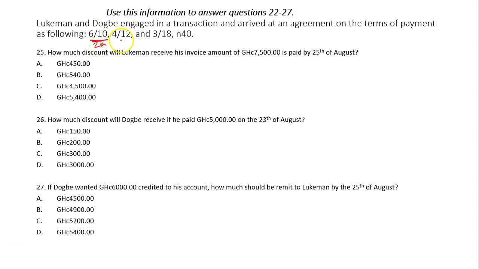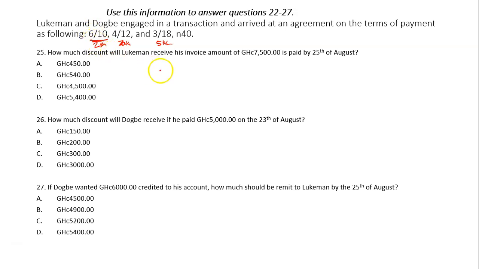For this, the discount date is 30th August. And for this, the discount date is 5th September. So if he pays by 25th August, he meets the first condition. So that will be 6%.